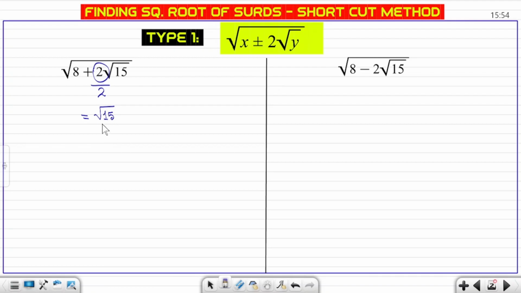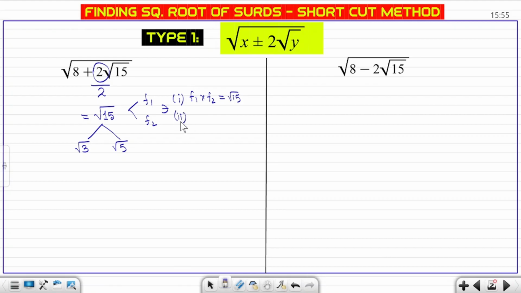Now find 2 factors of root 15, let's see, root 3 and root 5. Two factors of root 15, suppose f1 and f2, such that the first condition is that when you multiply both the factors you should get root 15.